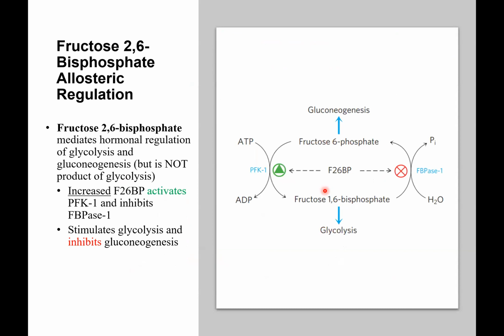Okay, so now we're going to talk about fructose 2,6 bisphosphate, which is complex but fascinating because it involves a whole bunch of things. We're going to start off with the simplest level, and then progress from there. So it activates PFK1, it inhibits FB-PACE1.